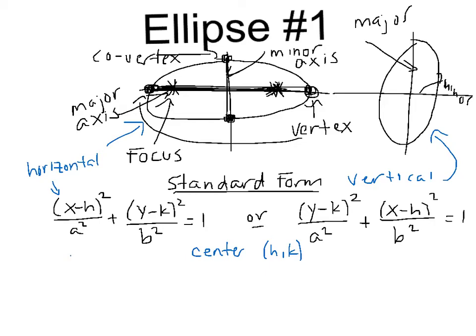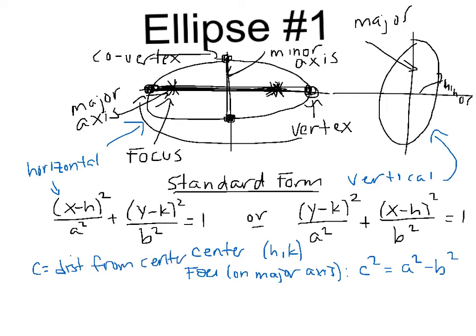Your foci are located on the major axis, always on the major axis, which is the longer one. Your foci distance, you're going to find it using c squared equals a squared minus b squared.